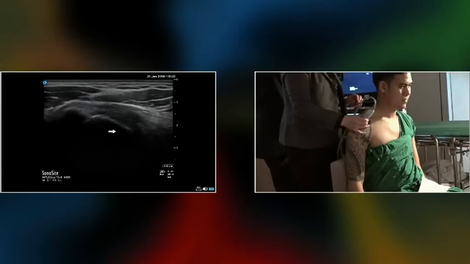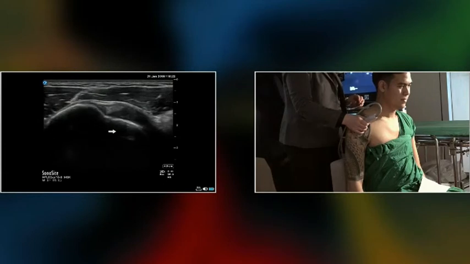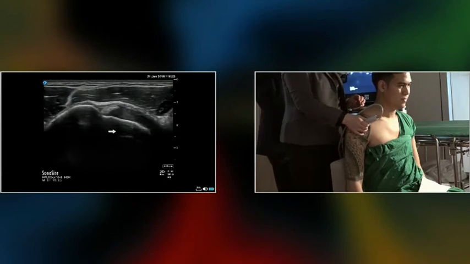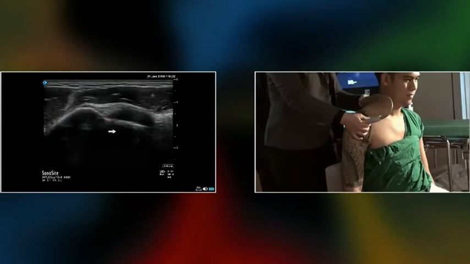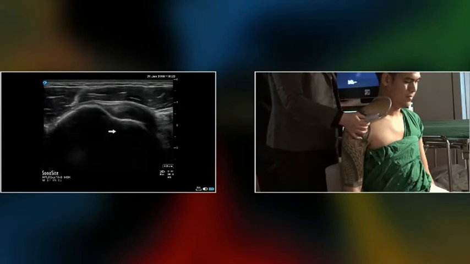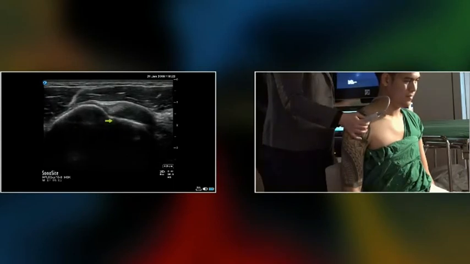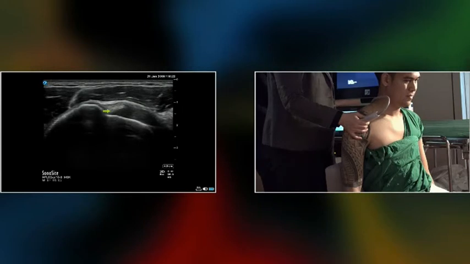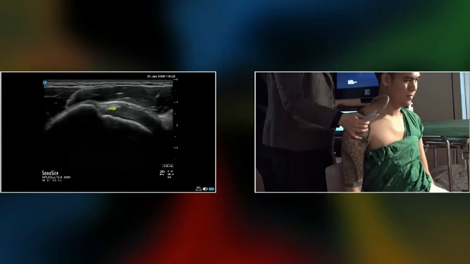Okay, then we scan to the anterior shoulder, okay? So horizontal, transverse. This is the bicipital groove. And you can see nicely the biceps tendon. Okay, there's no peritendon effusion.